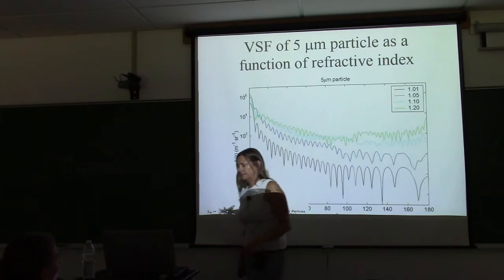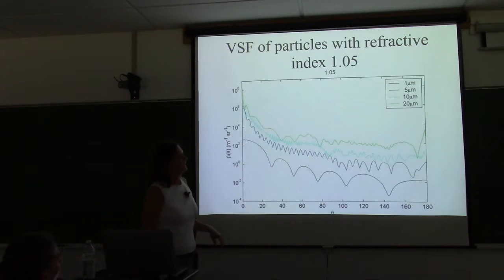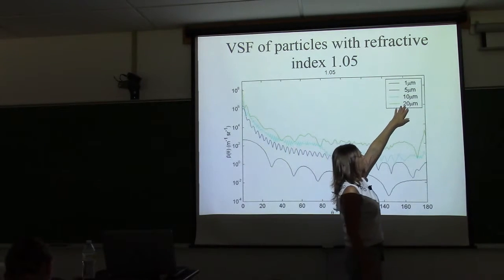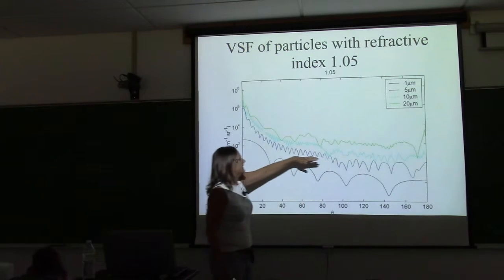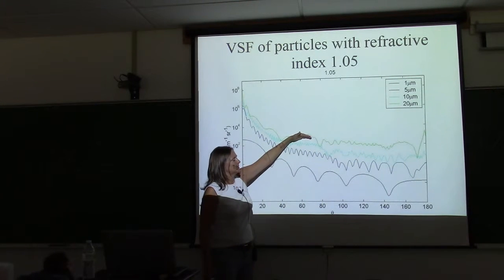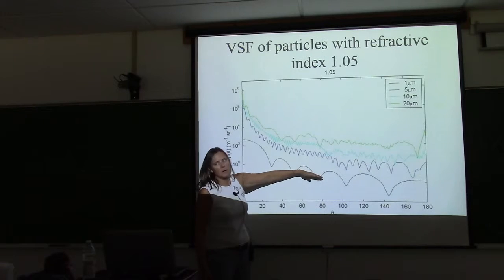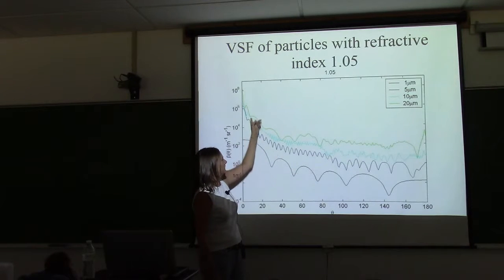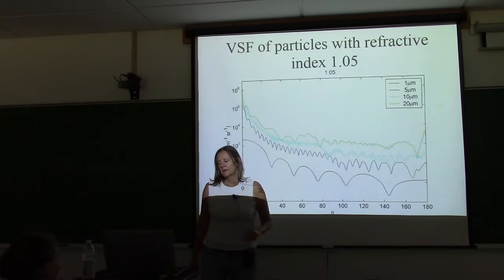We already knew that. You can also choose an index of refraction and change the particle size and see that large particles scatter more than small particles on a per particle basis, and they have very different volume scattering functions.